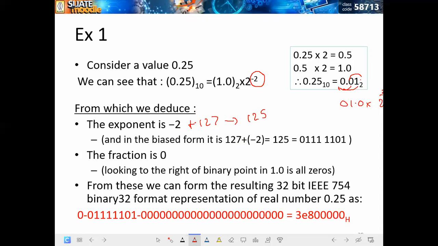This is a predetermined, pre-specified value. You can't change this one. Then you get 125. After that, you have to convert this 125 to binary. Then you get this one. This is the exponent we use in 32-bit floating point format. එහෙනම් මේක තමයි මෙතනට ගෙනල්ලා දාන්නේ.